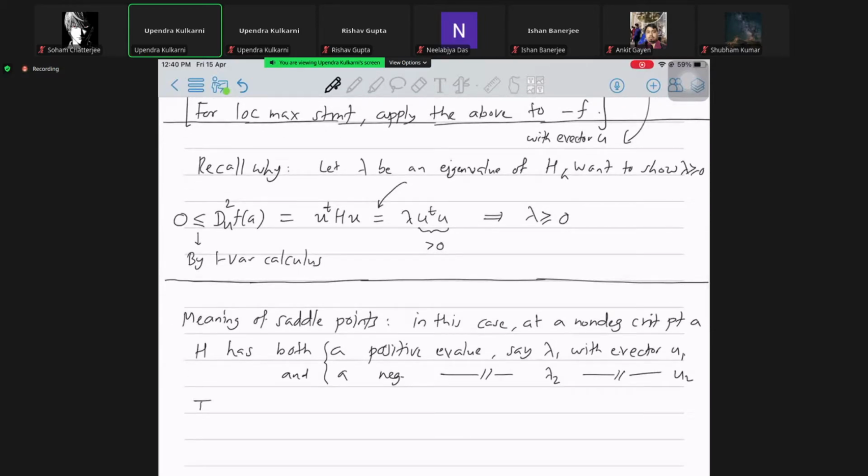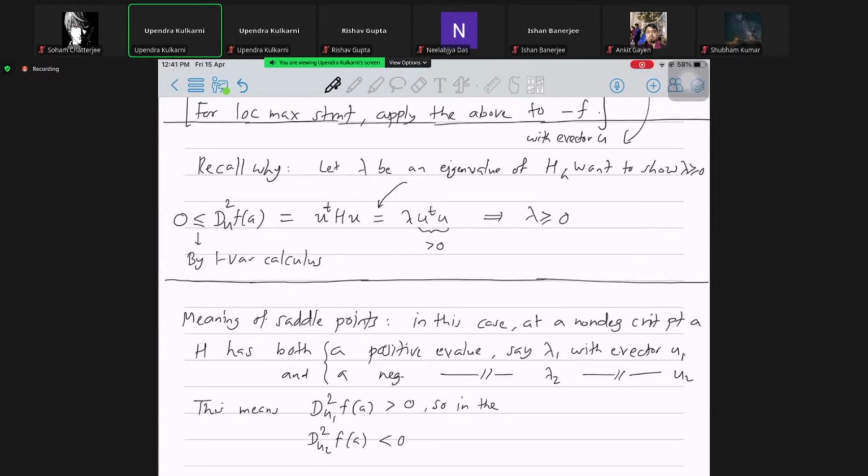But this means d_U1 squared of f at A is going to be greater than 0, and d_U2 squared of f at A is less than 0.